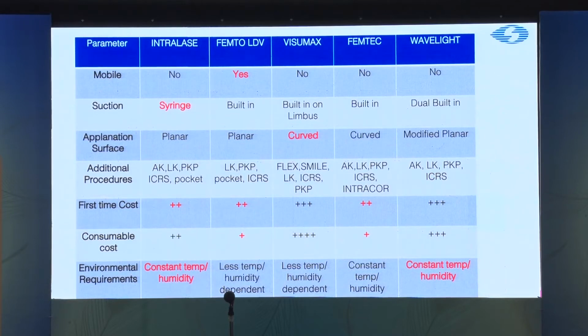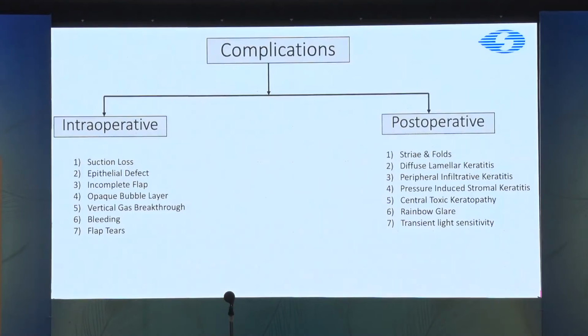The IntraLase's suction is not inbuilt, it's with a syringe, so that's one thing which the other machines do a little bit better. The applanation surface is generally planar except for the VisuMax. I think Dr. Sonu will talk about that later. And then the costing is different in the different devices, and the constant temperature and humidity requirements are there for the IntraLase and the Wavelight.